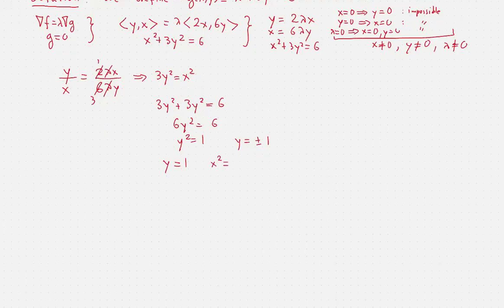And this implies that x is equal to plus or minus square root of 3. That yields 2 points. It yields the point square root of 3, 1 and negative square root of 3, 1.